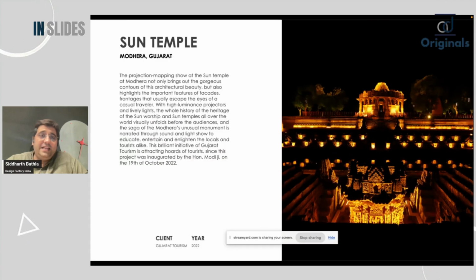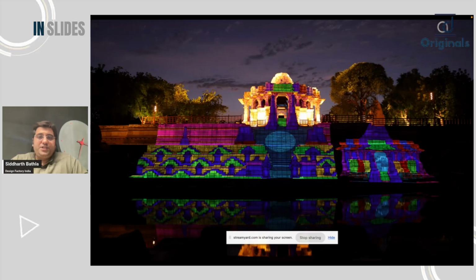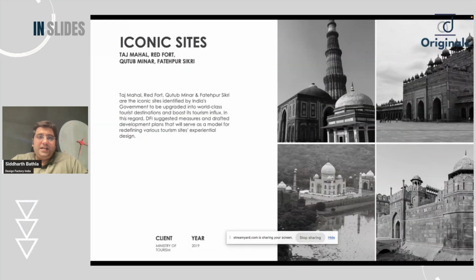Then again, we have done the lighting and projection mapping of Sun Temple, Modhera. It's like highlighting all the 108 temples which are inside Modhera itself. So broadly, the portfolio is from museums to the urban spaces to gestures of heritage. So this is projection mapping on Modhera Sun Temple.